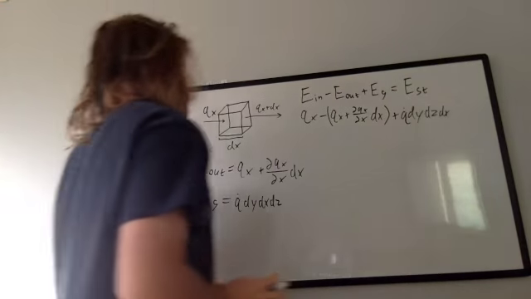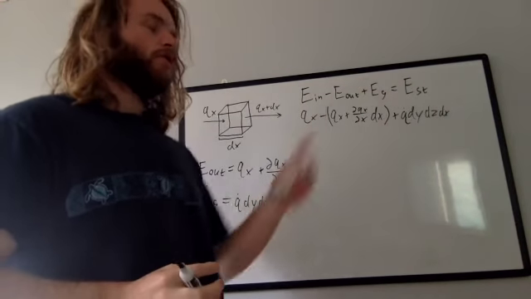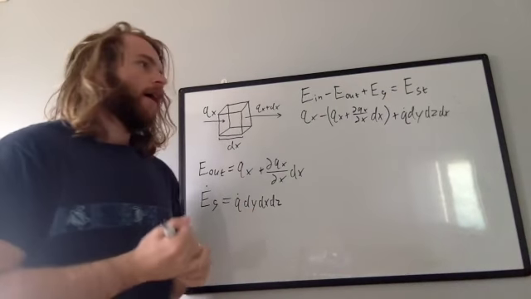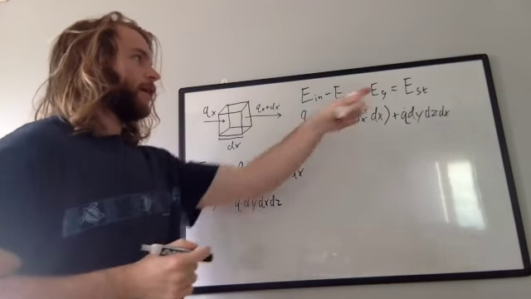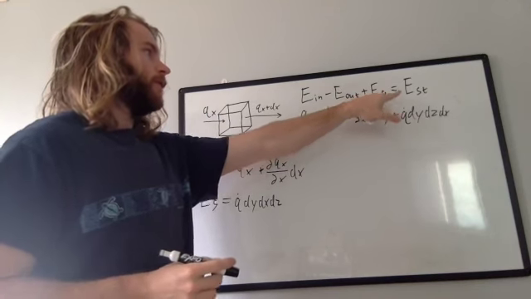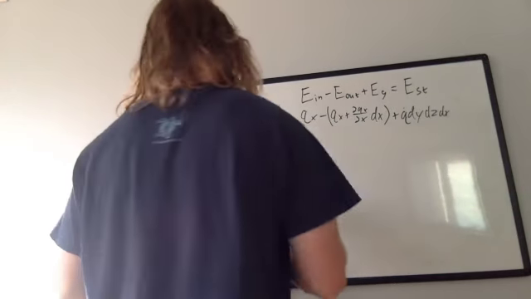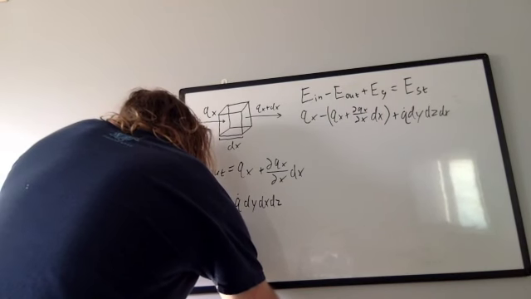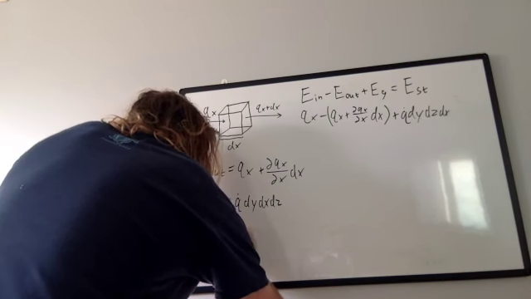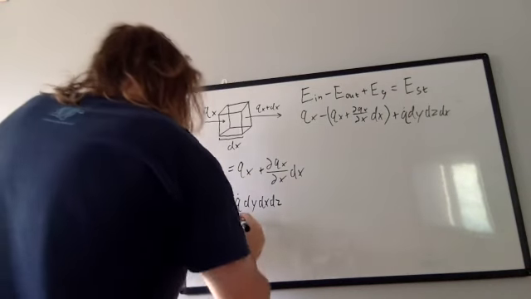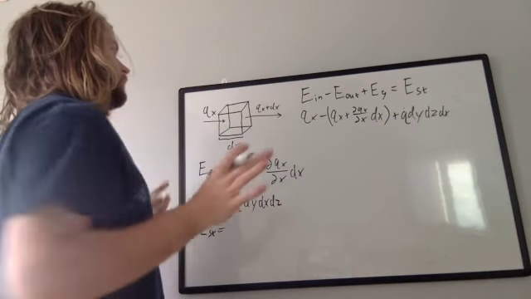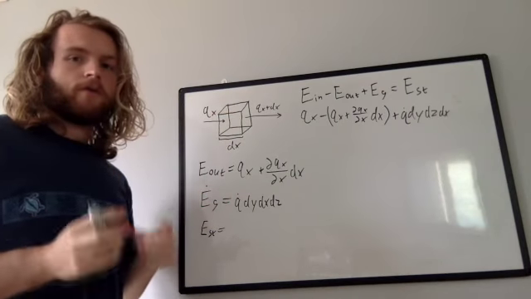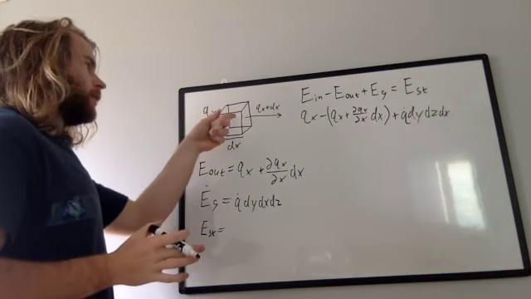Alright, and lastly, we are going to have our energy stored within our controlled volume right here. And for that, we are going to say that that is going to be equal to the density times the heat capacity to start. So we'll go ahead and start writing that out. So this is going to be equal to the density of whatever substance or compound that this controlled volume is. This could be anything. This is whatever you want.